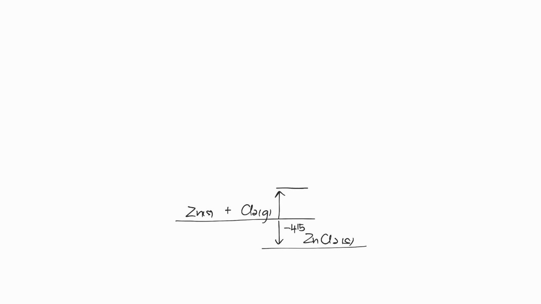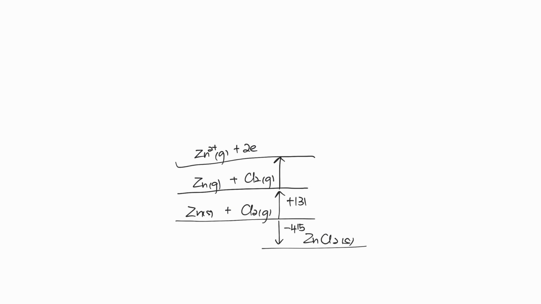The very first step is atomization of zinc, turning zinc solid into zinc gas, and the chlorine remains unchanged, with an enthalpy of positive 131. The next step is ionization energy to turn Zn gas into Zn2+ gas by removal of 2 moles of electrons, and this involves the first and second ionization energy of zinc.